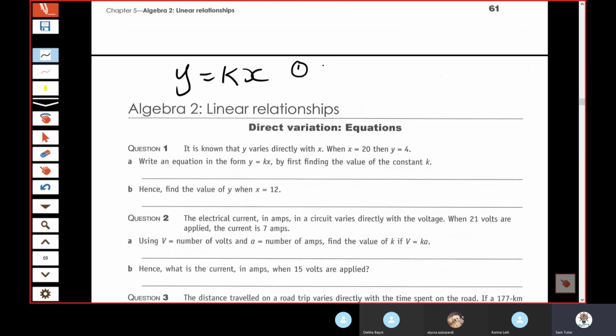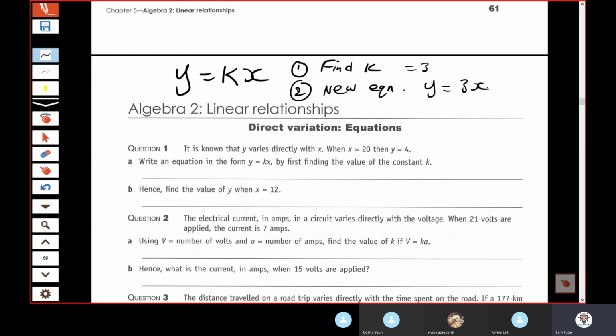So step 1, find k. That's going to be step 1 all the time. Once you find k, you'll have your new equation, right? If k was 3, you now have your new equation, which is y equals 3x. From that, if I tell you, hey, go find me y, given x is 10, you're just going to go, yeah, y equals 30.